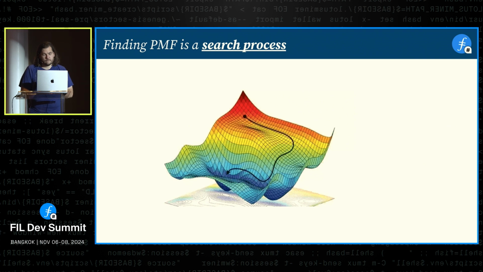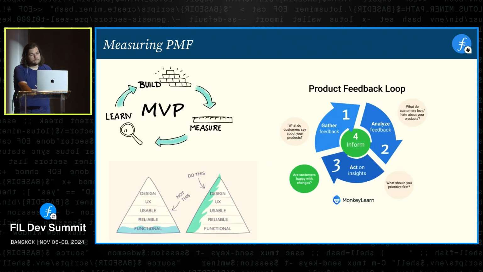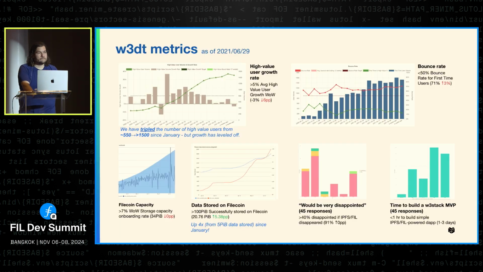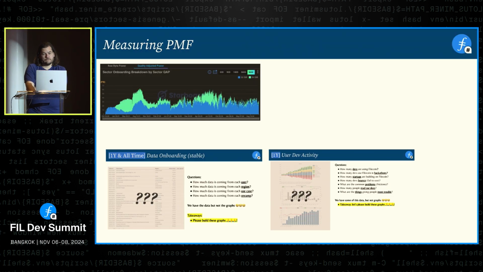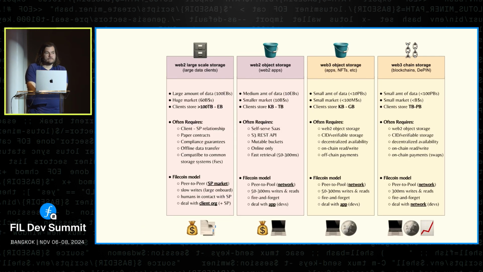Measurable. So how we define it, and then we're able to actually put it in a graph. So something like the number per one of these verticals that you were showing: how many very disappointed clients do we have in that specific vertical? What is the volume of data that is trying to onboard and or successfully onboarded within that vertical?